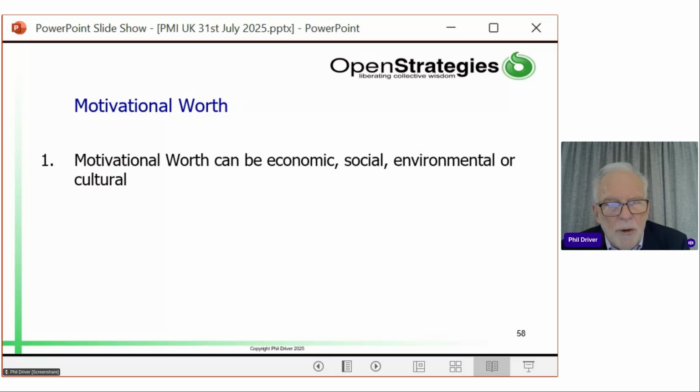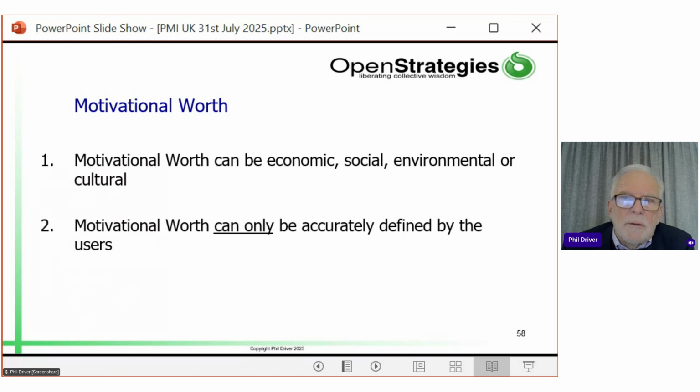So they really focus on those last three words. Economic is a means to an end. It's not the end for a lot of end users. And yet so often we put an economic value on the benefits because that may mean a lot to the purchaser or the sponsor. But that is not what motivates end users.